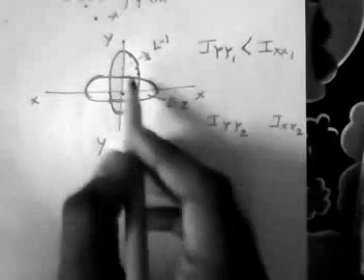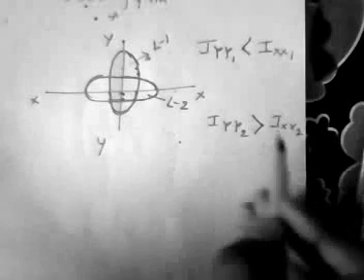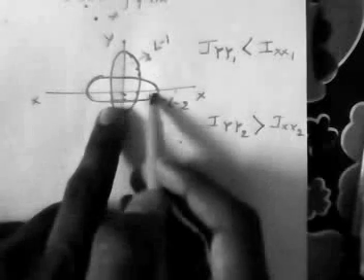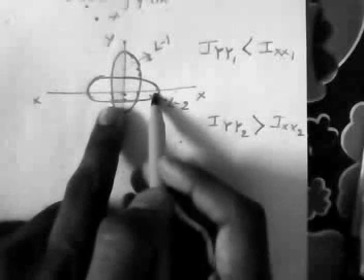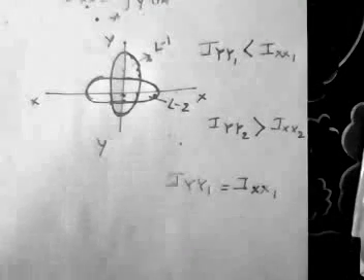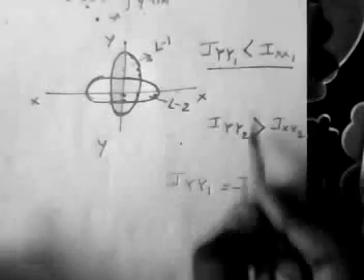That means for locus 2, the moment of inertia about the y-axis will be more than about the x-axis, because the distribution about the y-axis is more, as more area is distributed away from the axis. You're getting my point? Okay.